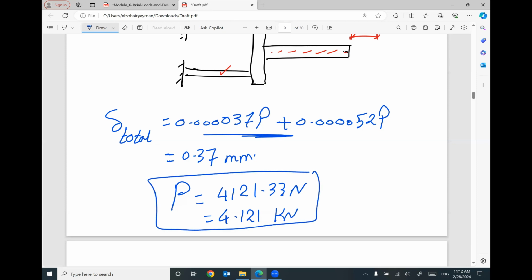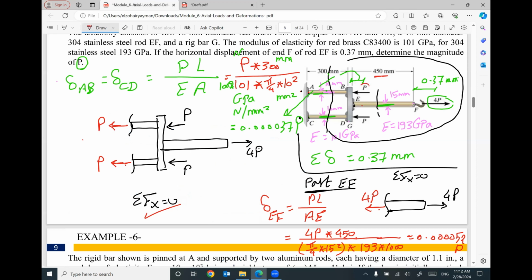This is the value of the applied force P, 4121.33, to be applied here and here, and the 4P to be applied here. So the final elongation at point F will be 0.37 millimeter.